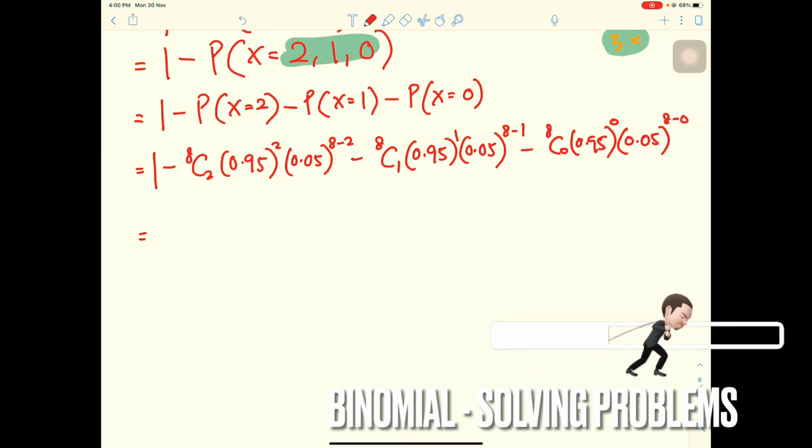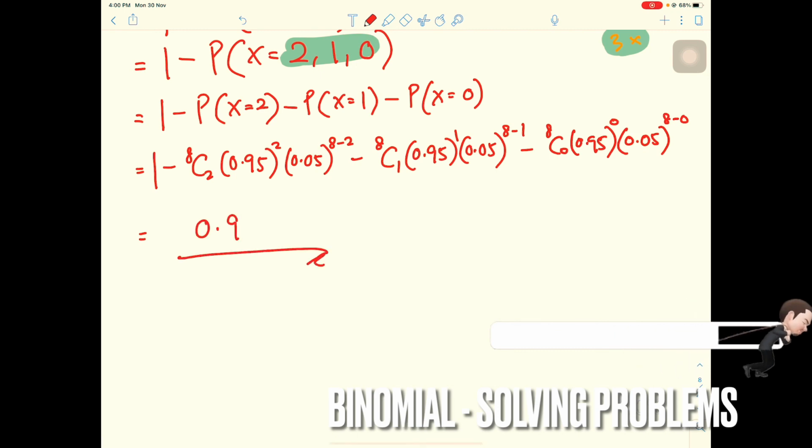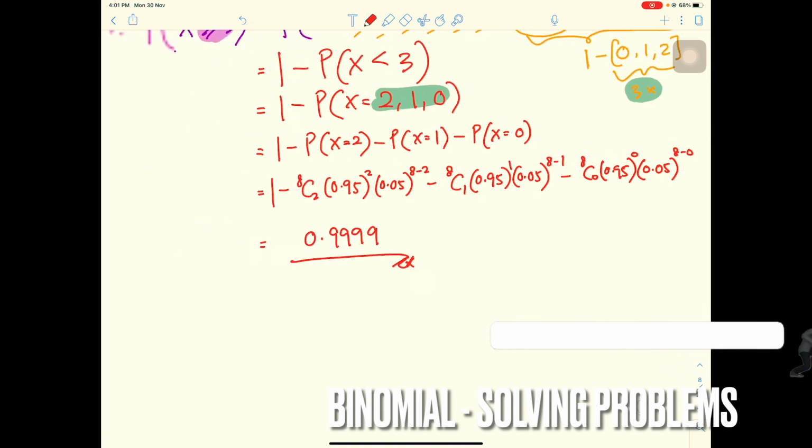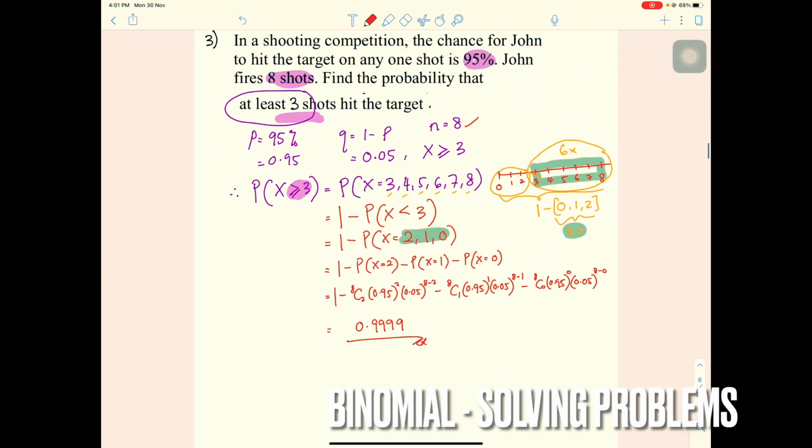By using your calculator, the answer would be 0.9999. This is an example.